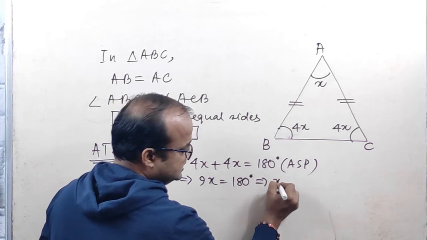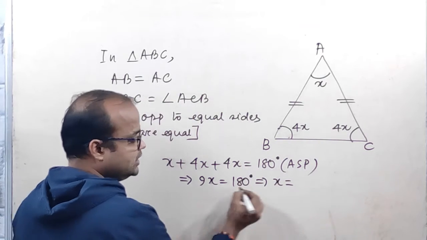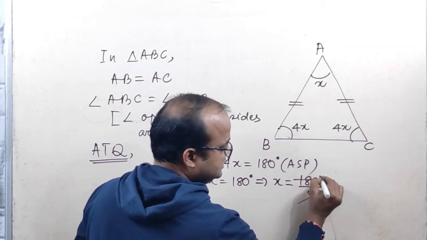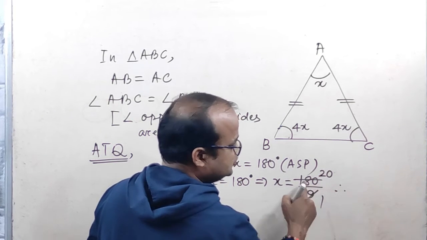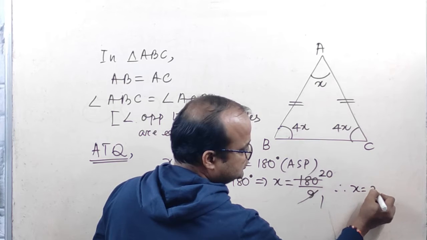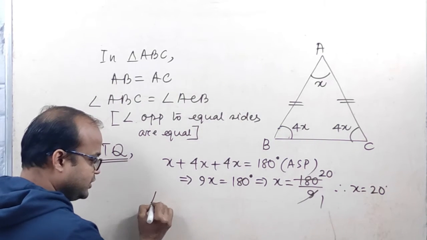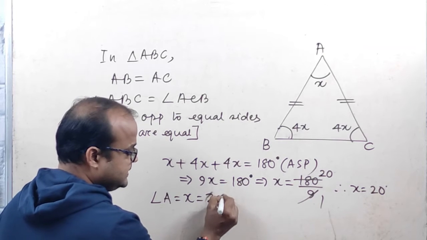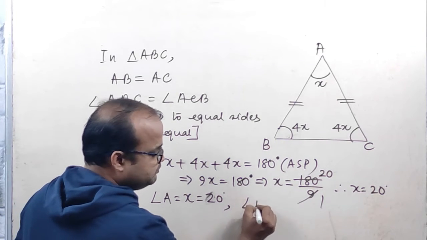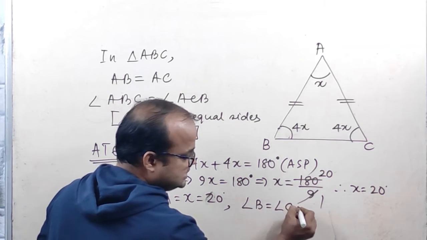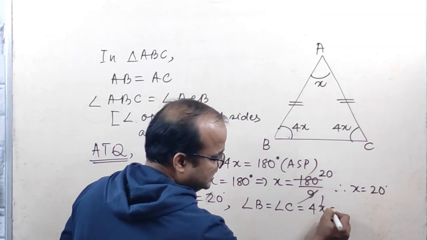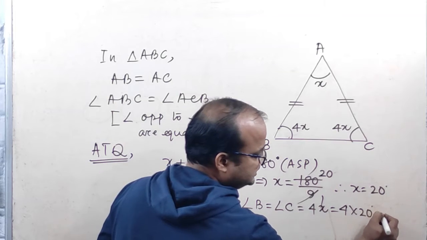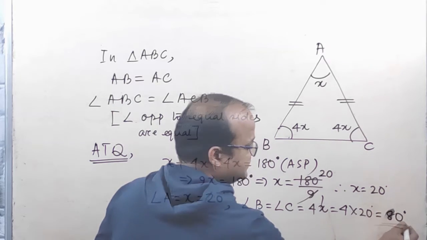It implies X equals to 180 degree by 9. 9 ones are 9, 9 twos are 18, 0. So X equals to 20 degree. Therefore angle A equals to X, 20 degree, and angle B equals to angle C. Each angle is equal to 4X, that means 4 into 20 degree, that means 80 degree.